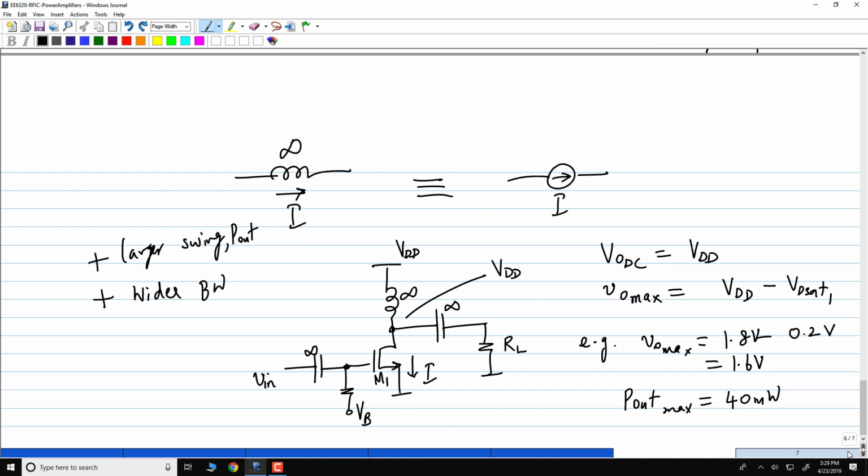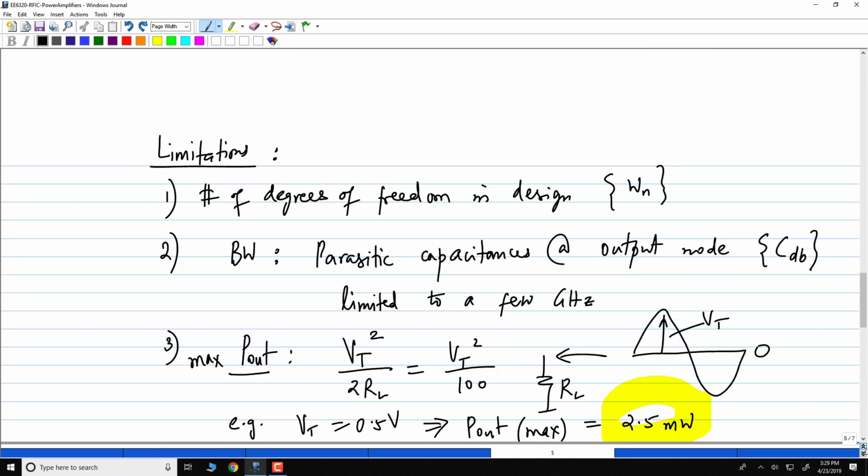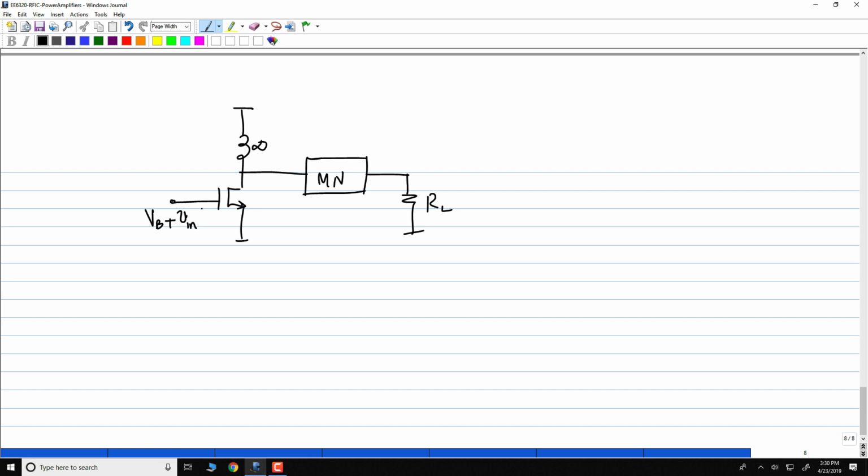Now, if I want to get even more power out of this, I don't want 40 milliwatts, I want 100 milliwatts, right? Of course, I could take this circuit and put a matching network, an impedance matching network. This is RL, that is our definition.